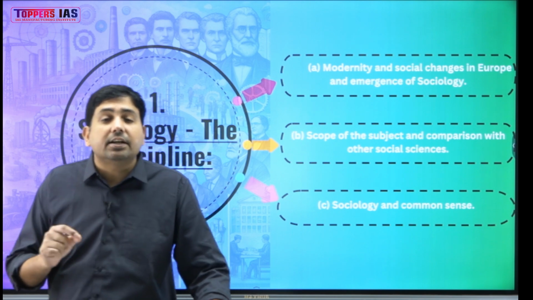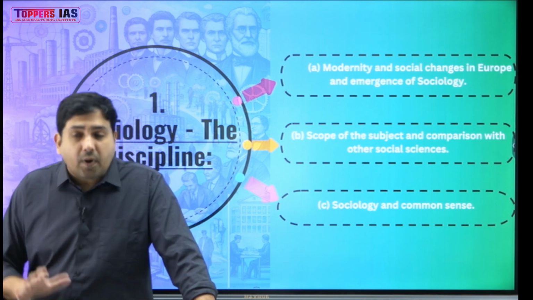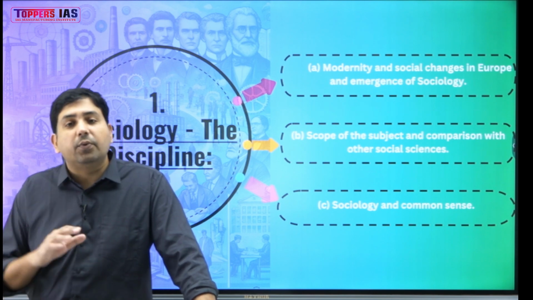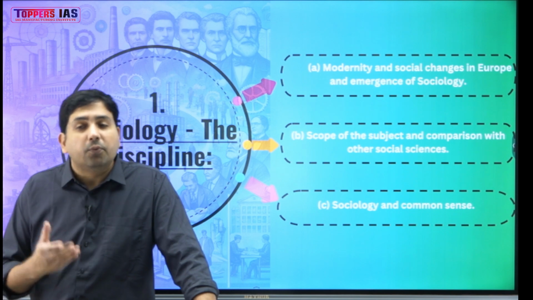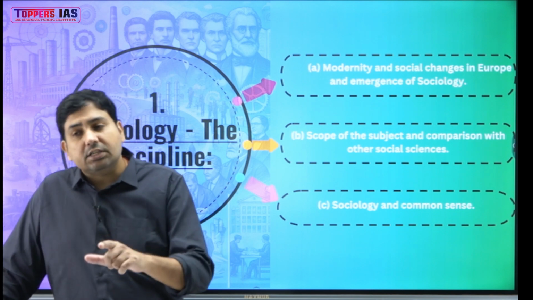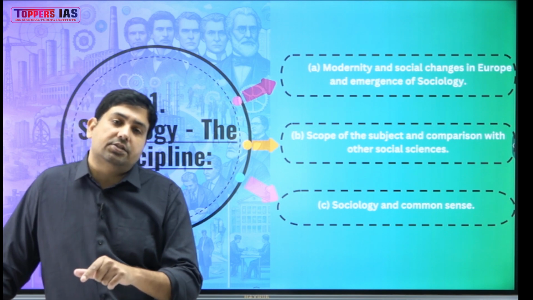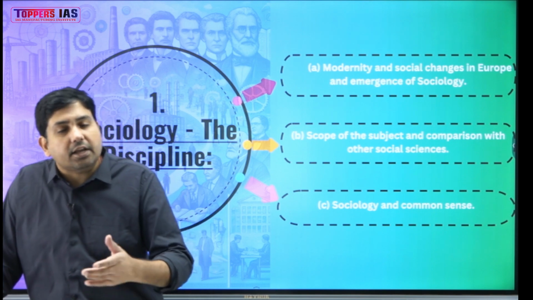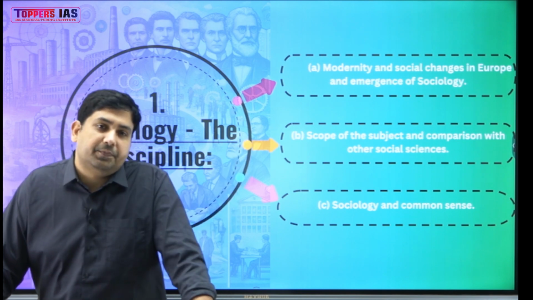It is related to the origin of sociology, that is, why sociology emerged and where it emerged. So this is about its emergence, that is, why sociology emerged, and once it emerged, what was its course.